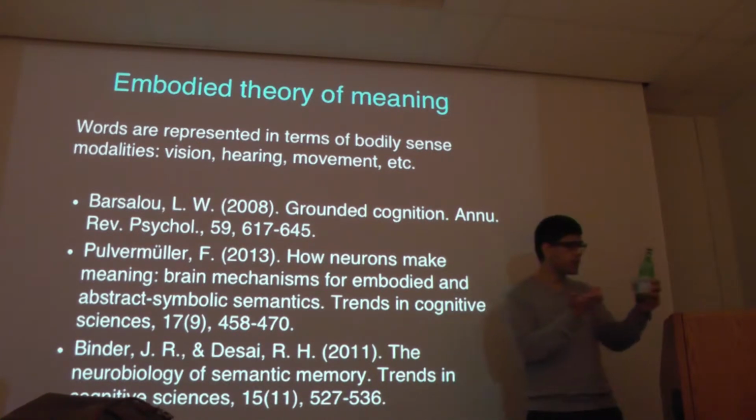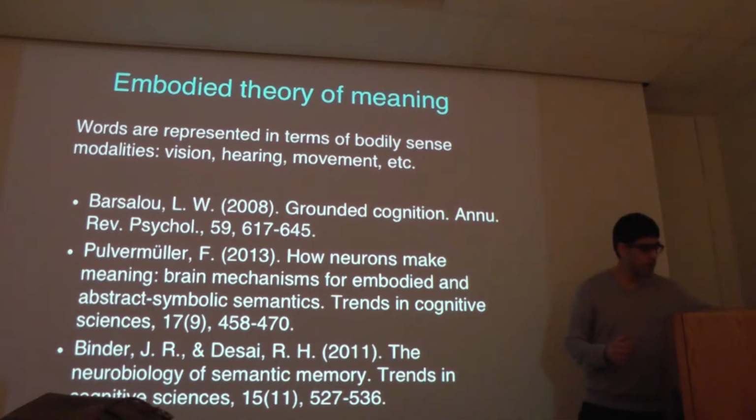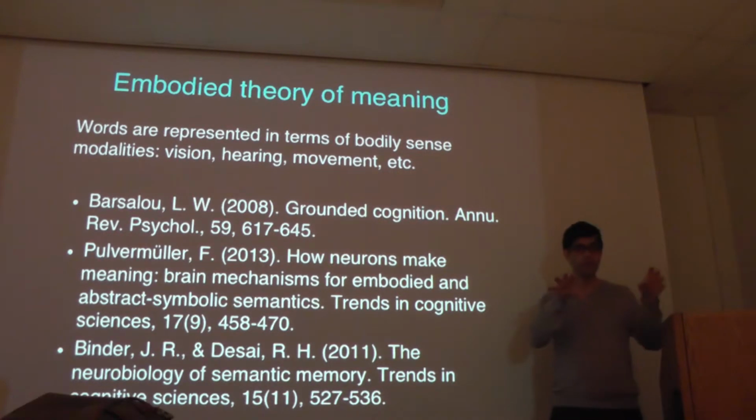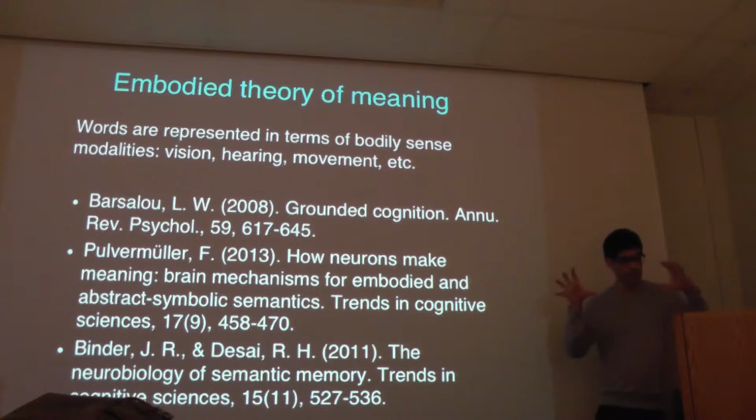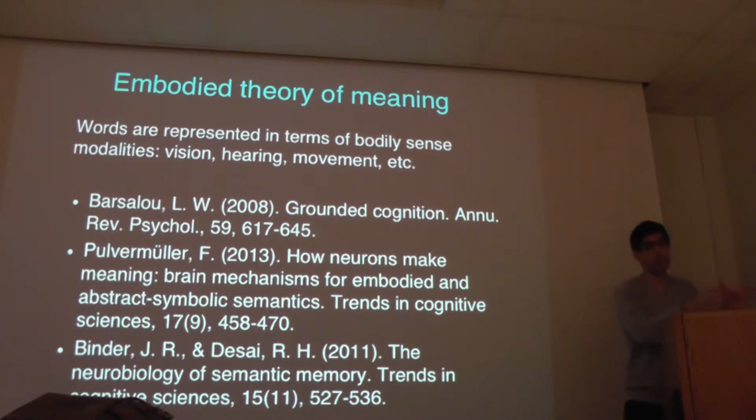I'm physically interacting with this bottle using my touch, my sight, my mouth, my sense of taste. So that's what makes the word bottle mean bottle, according to this theory, because it's a summary of all the physical interactions which I have with a bottle. I'm interacting with a bottle in lots of different ways: looking at it, touching it, tasting it.